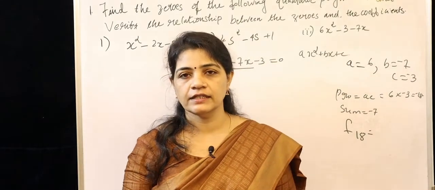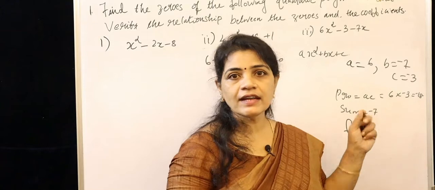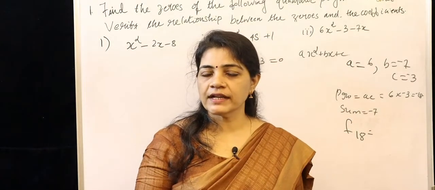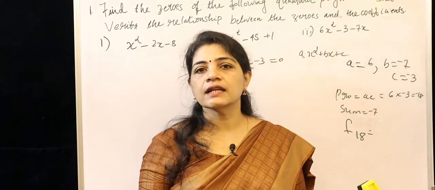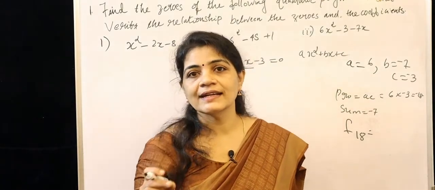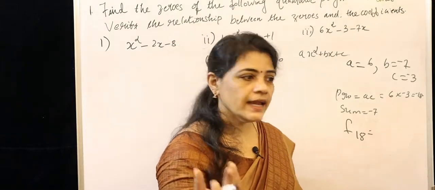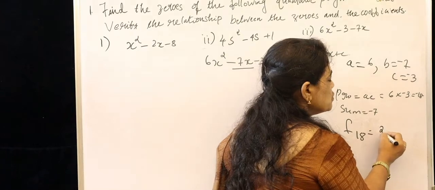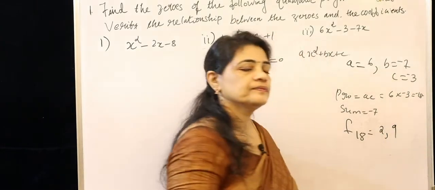These are the factors of 18. But in order to get 7 as their sum, can we take 6 and 3? Even if the product is 18, 6 plus 3 is 9. We can't take that. So only 2 and 9. Product is 18 and sum also 7 you will be getting. So, you can take 2 and 9.